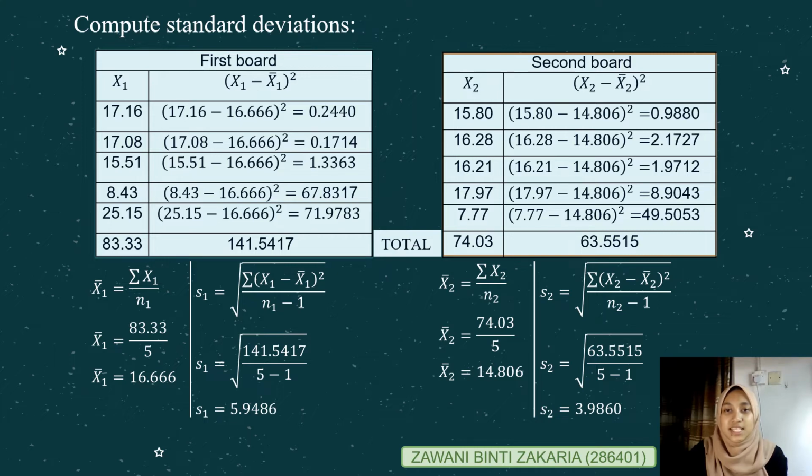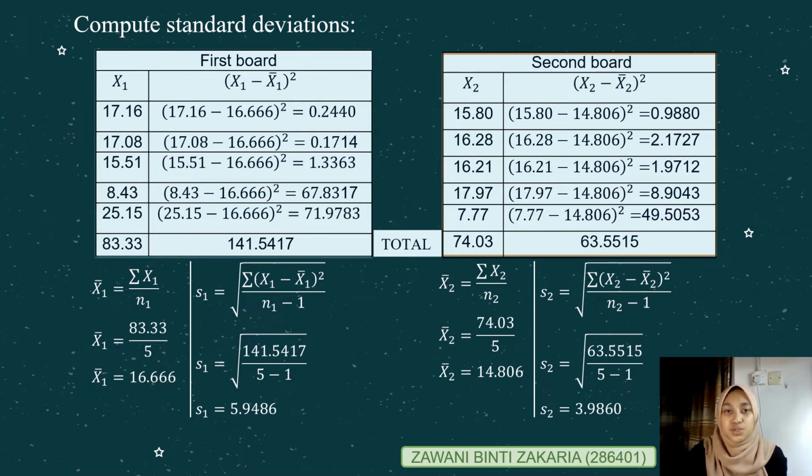Next, calculate standard deviation S. S equal to square root of sigma x minus x bar to the power of 2 divided by n minus 1. So, S1 equal to 141.5417 divided by 4, then square root of the answer, S1 equal to 5.9486.